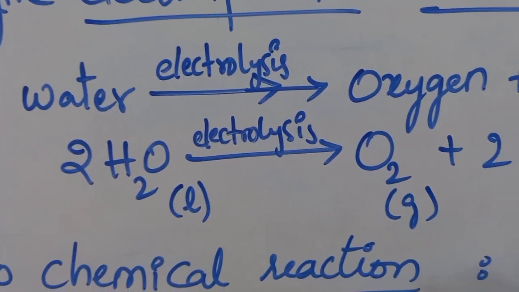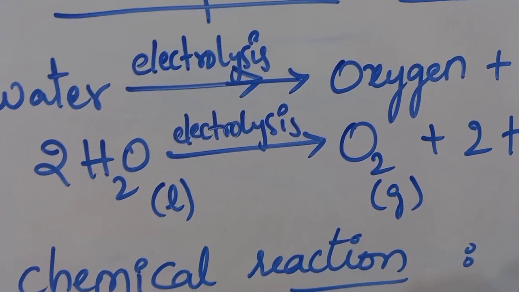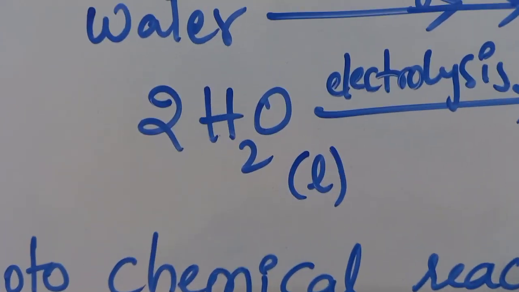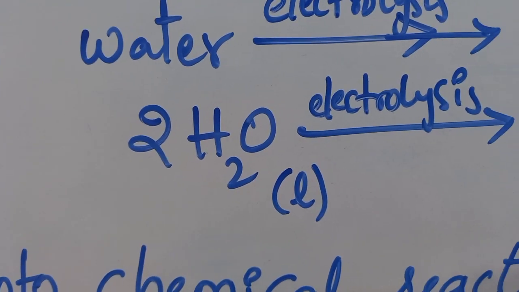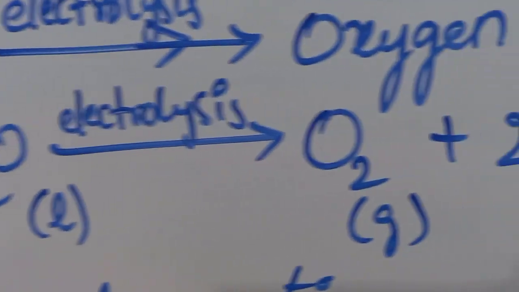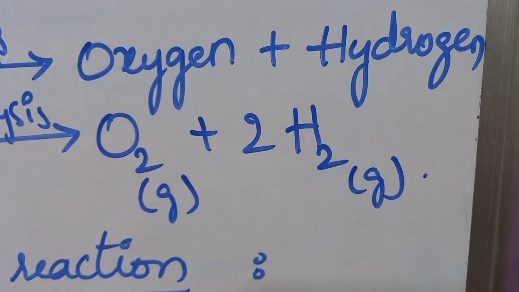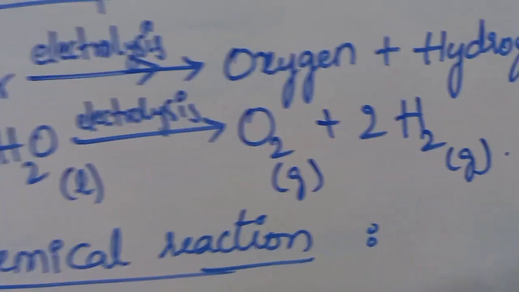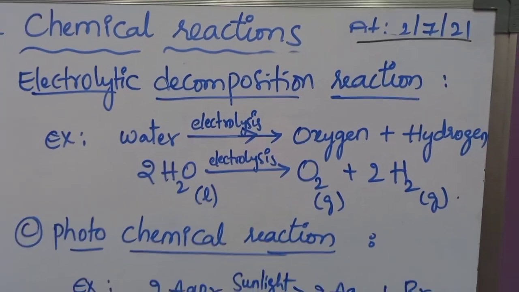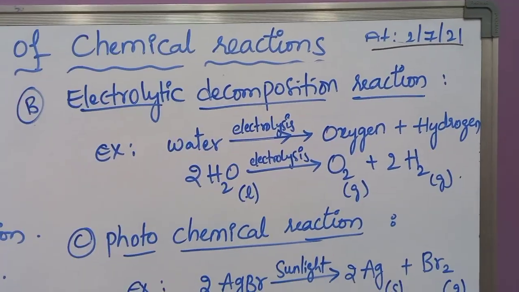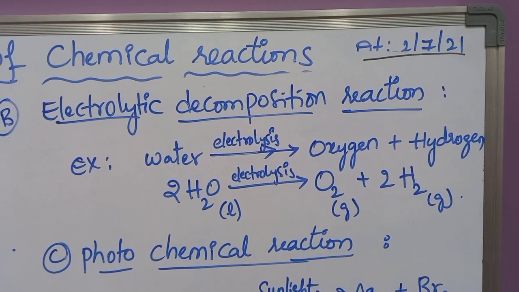Upon the arrow mark we should indicate electrolysis. And here L indicates the liquid state, so we write L in the bracket, and O2 exists in the gaseous state, so write G in the bracket, and G in the bracket for hydrogen also. As this decomposition of water is taking place by passing electricity, it is called electrolytic decomposition.